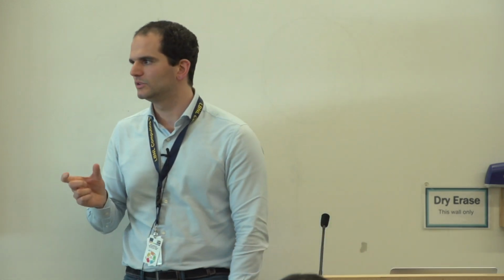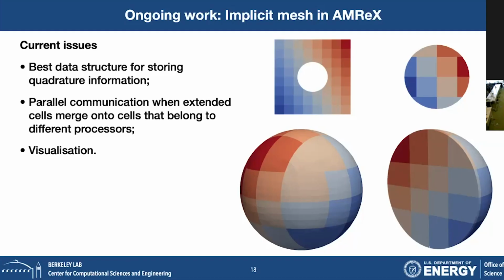First of all, I'm trying to understand which is the best data structure to store this information. Because if you have a square, which of course can be rescaled to a rectangle or to different lengths of the sides, this is not true for a generally shaped element, and this means that we have to store all the quadrature information for each element.